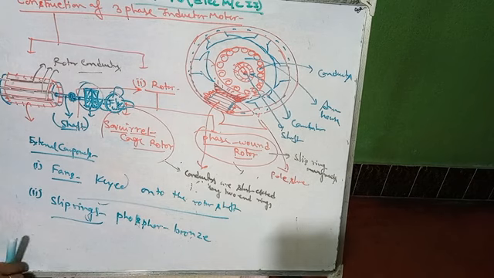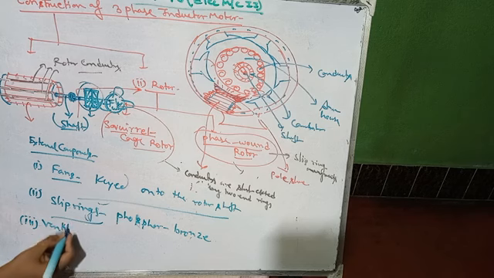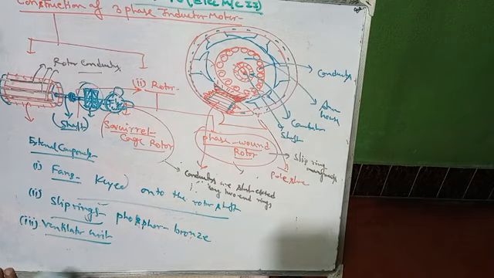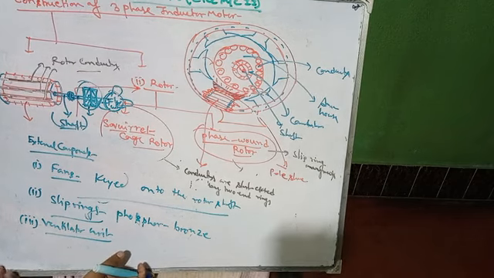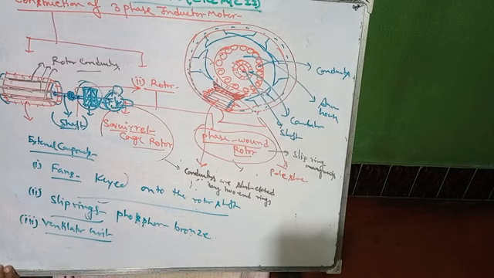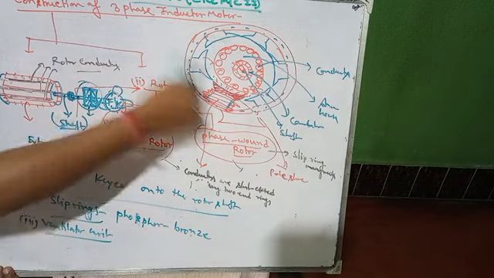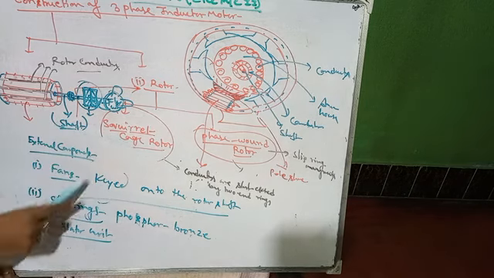And third one, ventilator grill. Ventilator grill is used for circulation of air when it is needed. So ventilator grill is very important to eliminate the heat from the motor by utilizing the fan.